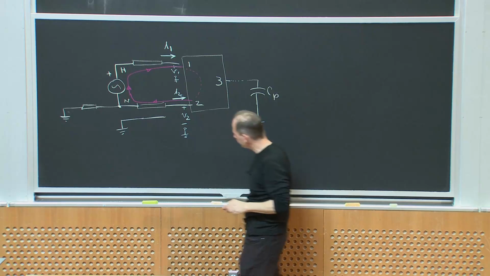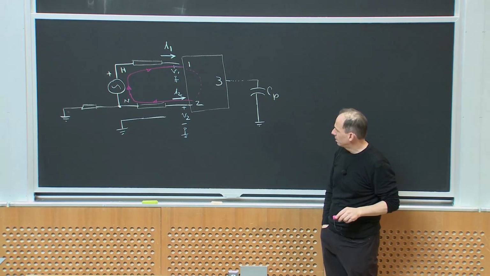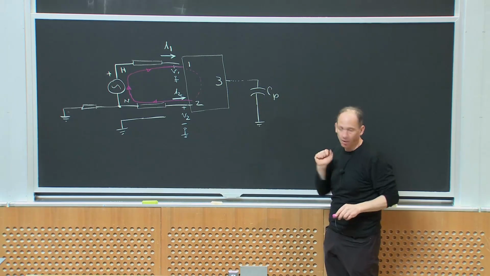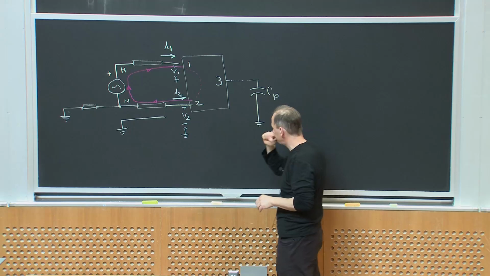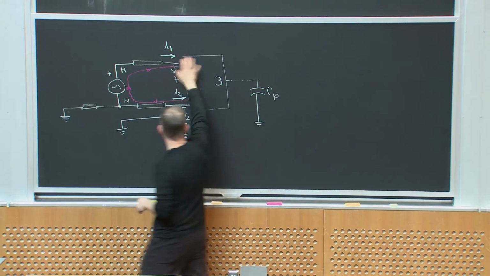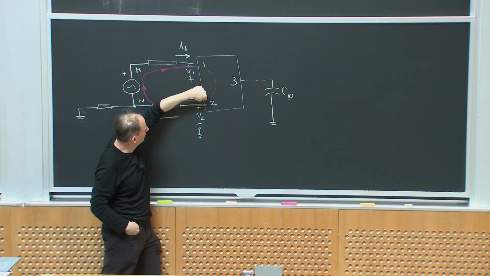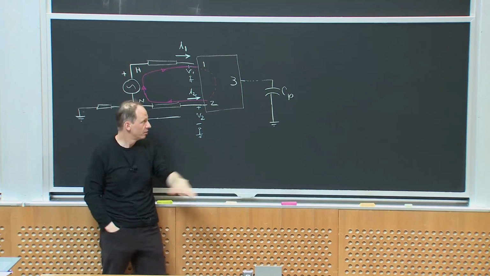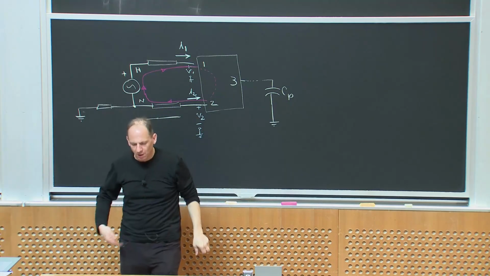That's fine, but because of this parasitic, there can be some other path that I might want to think about. If I didn't have this other path, I'd have I1 equal to minus I2. That's the ideal case when this other path doesn't exist.